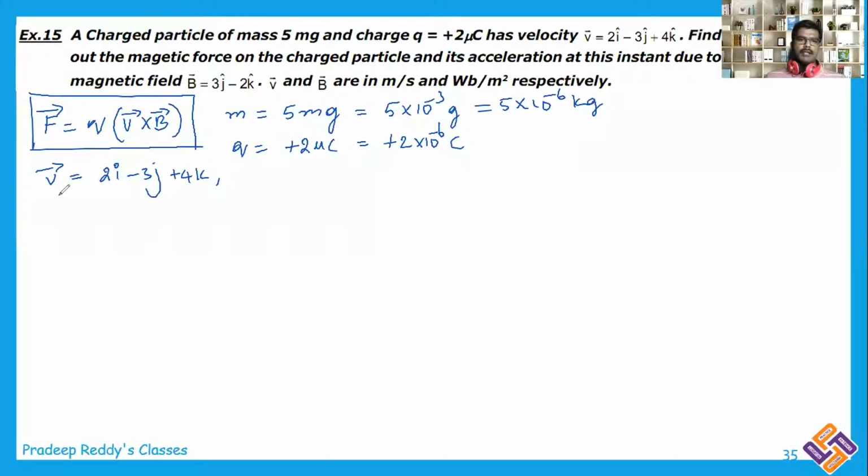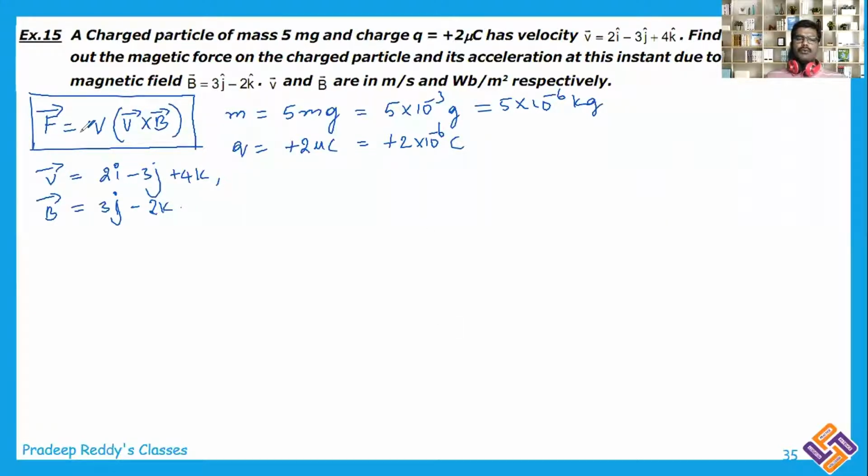B bar is equal to 3J minus 2K. It is also mentioned that V bar and B bar are in meter per second and Weber per meter square respectively. So that is the data given to you.